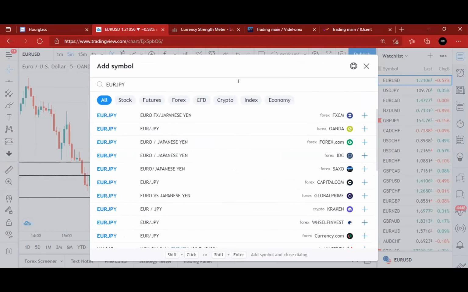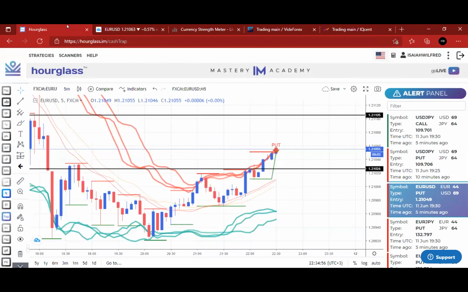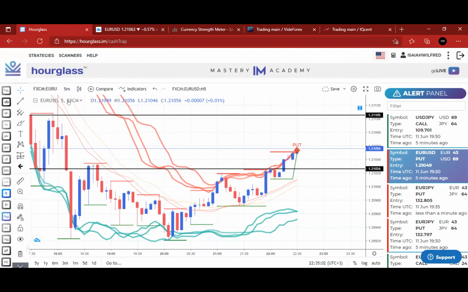Now, guys, about the broker you must always use, let me show you something. On Hourglass, the broker used is FXCM. And if you notice, the price for FXCM is not the same as on the broker. The price now is at 0.56, but on the broker, what's the price?